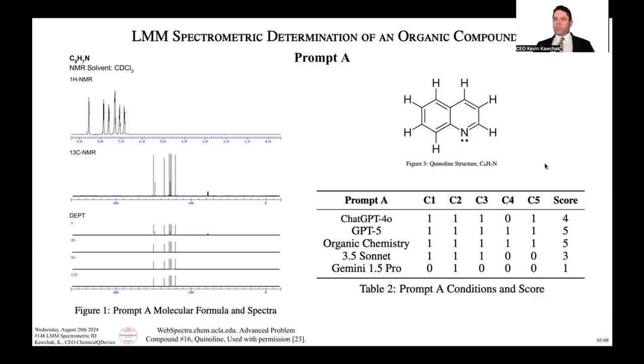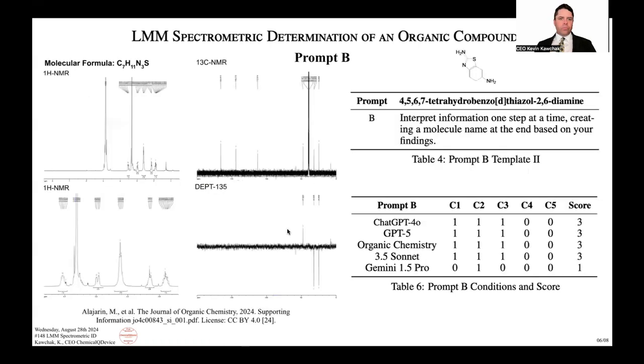A lot of the structures it returned were just far off from the other 4. At one point it provided something like a very simple ethylamine in one of these answers. So it got a score out of 1. So again, GPT-5, the organic chemistry, and ChatGPT 4.0 were the top ones for that.